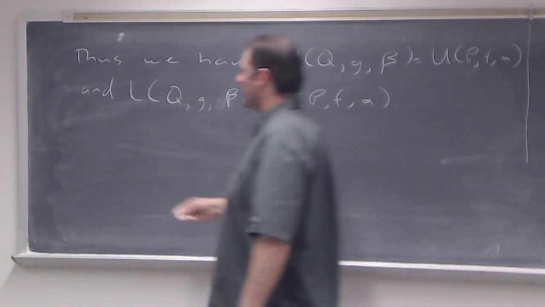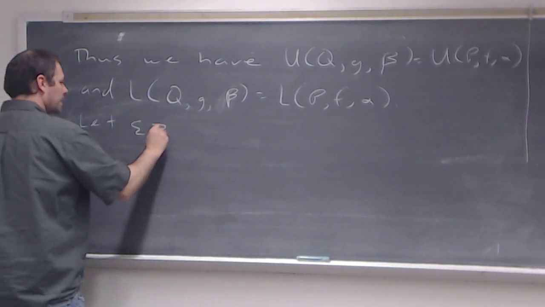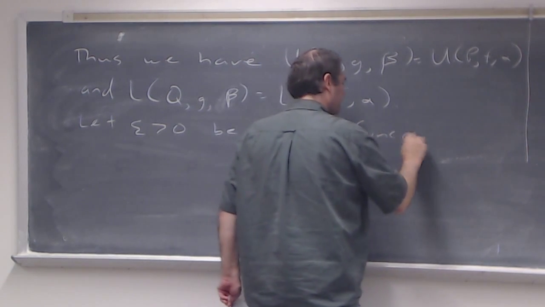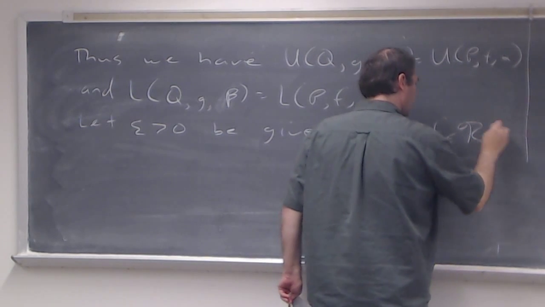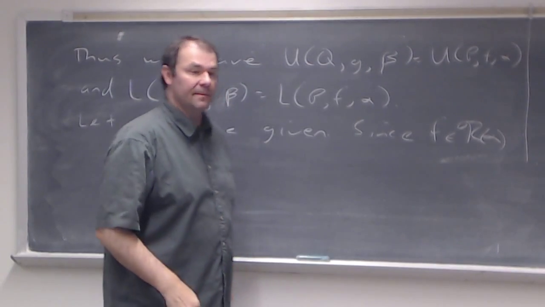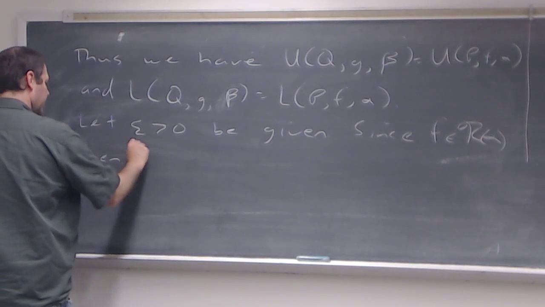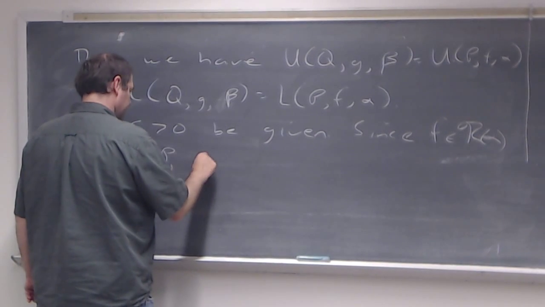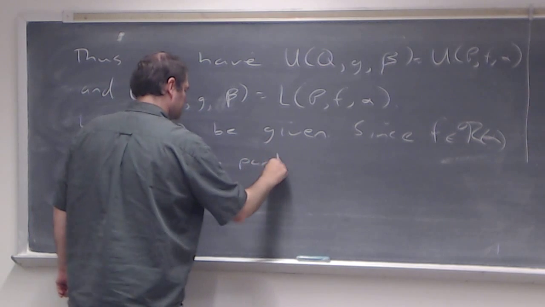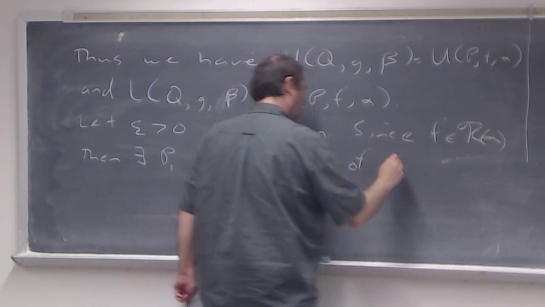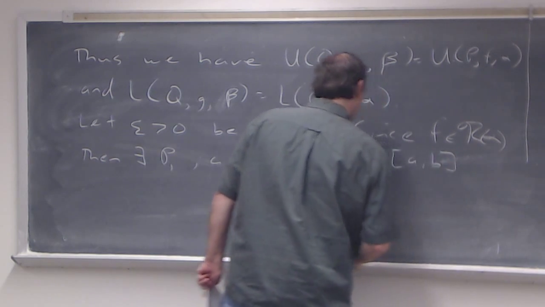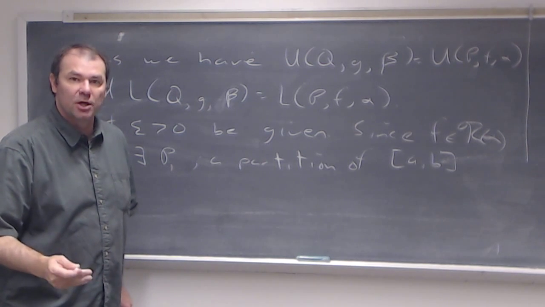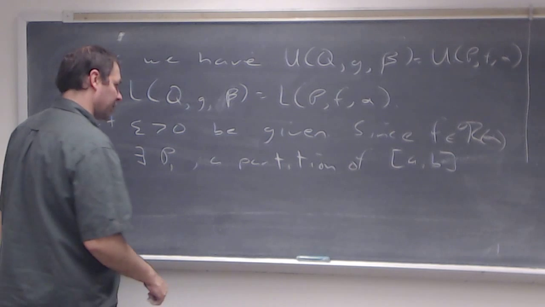All right. Now, we'll let epsilon be greater than 0 be given. Since f is a Riemann-Stieltjes integrable function with respect to alpha on a to b, then there exists a P sub 1, which is a partition of little a to little b, such that by that theorem that we've been using over and over again to show integrability, which is an if and only if statement.